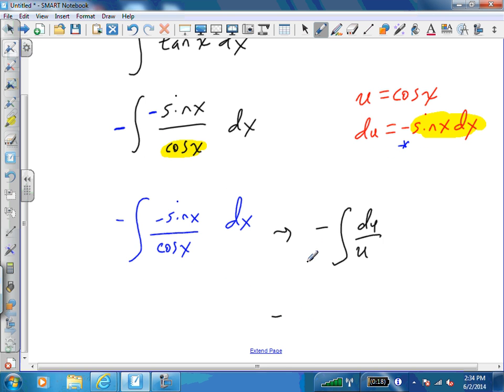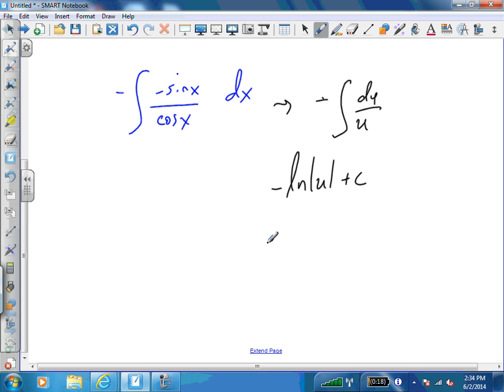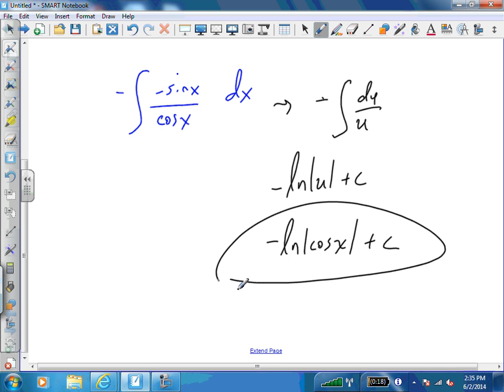That's negative natural log absolute value of u, which, what is u? Yeah, u is cosine. Now, every time you integrate tangent, you don't have to go through all of that.